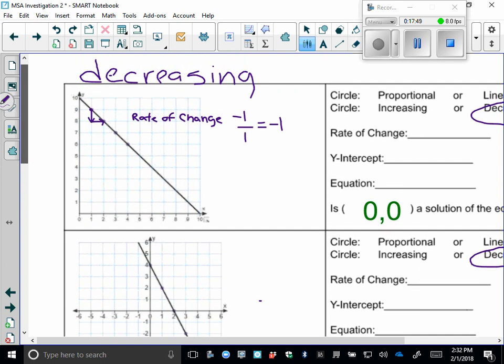And so m is just equal to -1. And where does it start on the graph? 10. I should say, where does it cross the y-axis? It crosses at 10. So my equation, I'm going to try it. Let's start. Elliot.